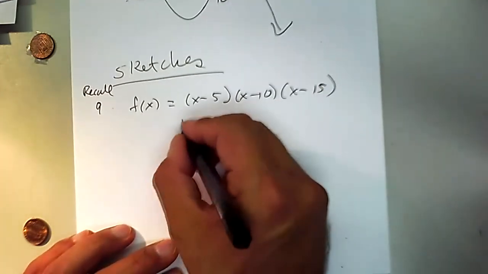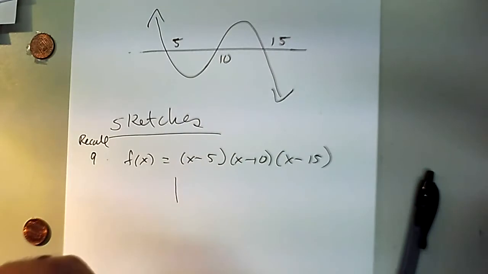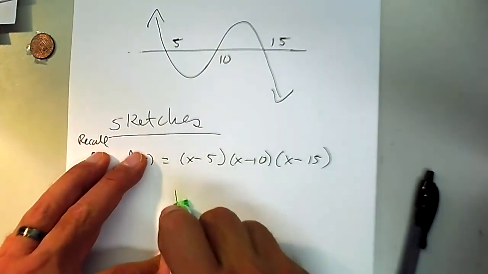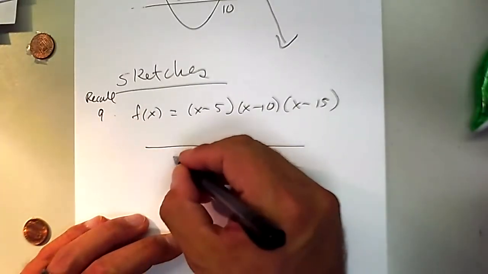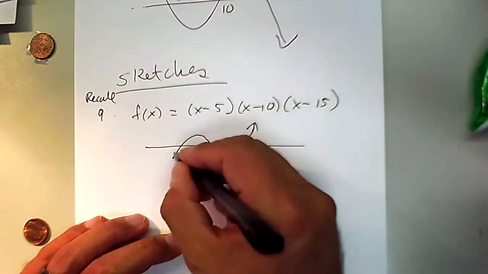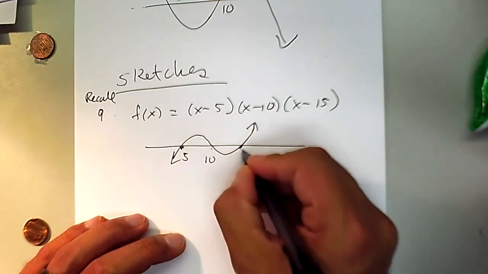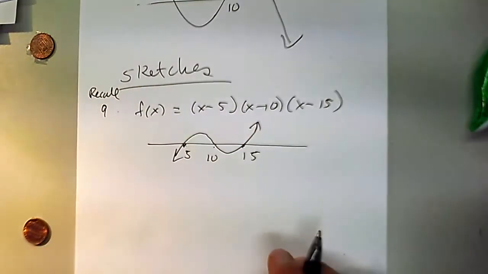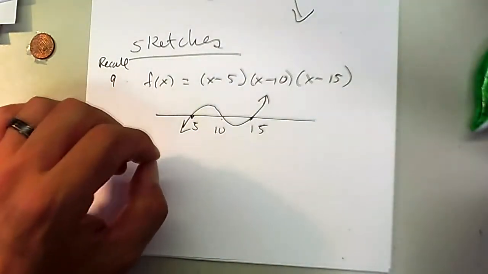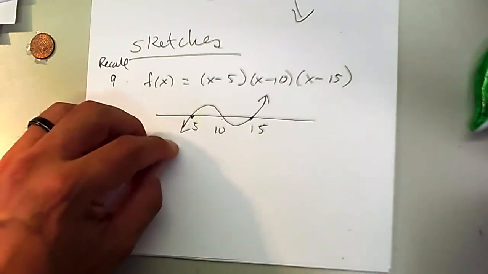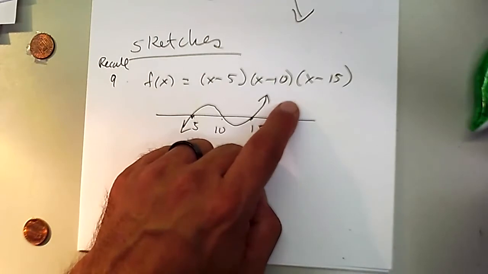And let's just recall the graph. Oops, I didn't mean to put a vertical line. There. So we go through 5, 10, 15. Those are the zeros. That's a sketch, a good sketch. Although we should probably add the y-intercept to the sketch. And that's about it. And then we have to establish the end behaviors.